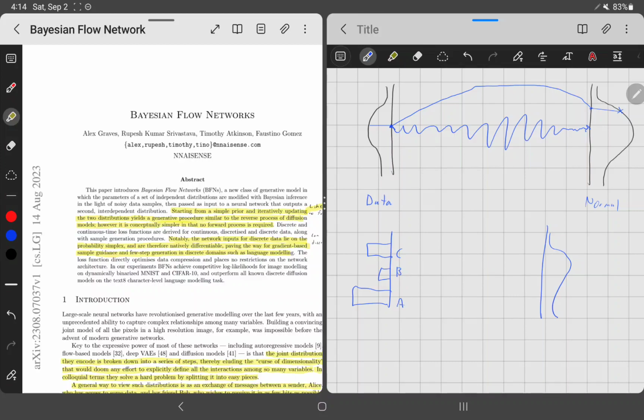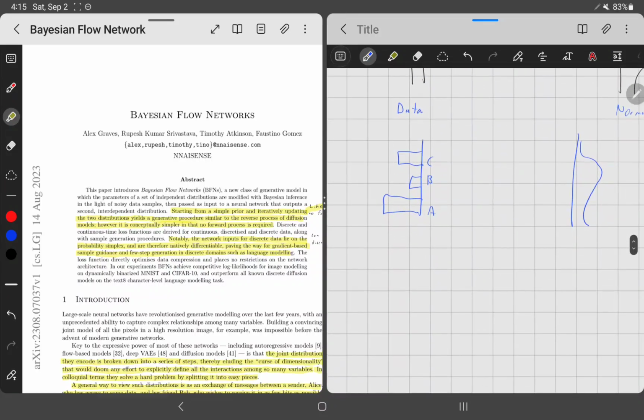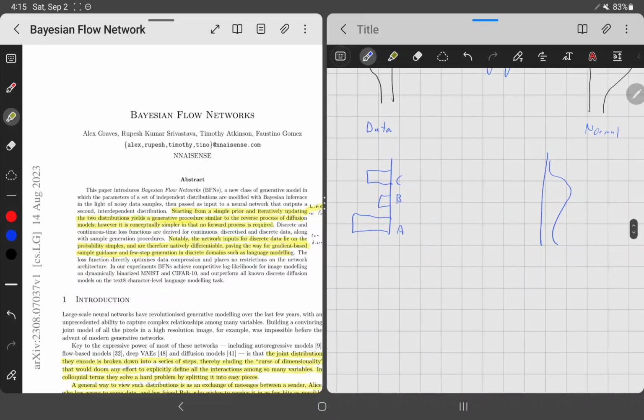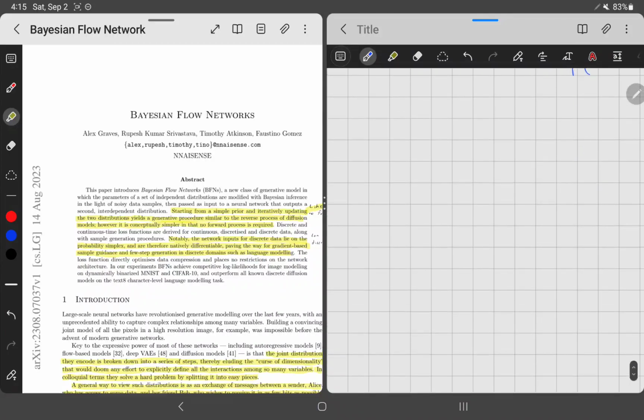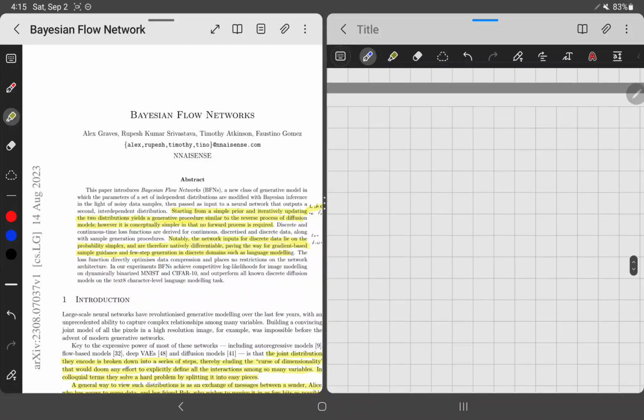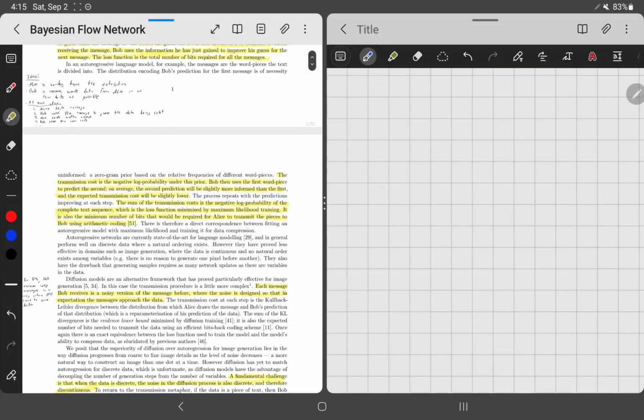Diffusion models do not work well with that at all, but Bayesian flow networks do, and it's a little confusing how it does that, but they are able to model discrete data a lot better than diffusion models can. So it's a big benefit. And they're also a lot different. So anyways, yeah, let's get into how Bayesian flow networks work.